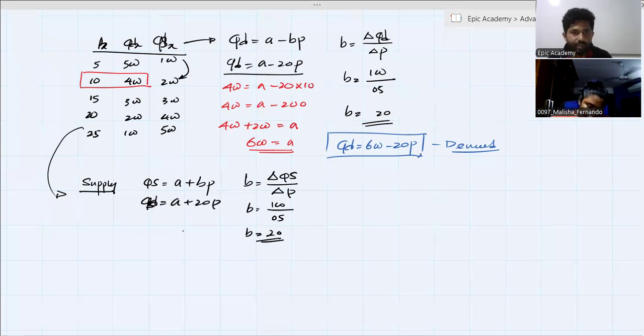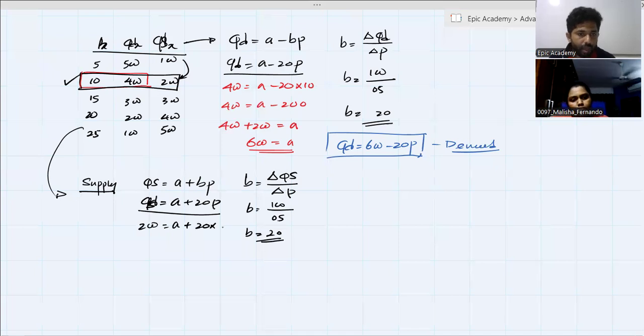This is the equation. Again you are going to select one option from the given schedule. I'm going to select the second option again. I mean when the price equals 10 rupees, quantity supply equals 200. Put in the values: 200 equals A plus 20 multiplied by 10. 200 equals A plus 200.